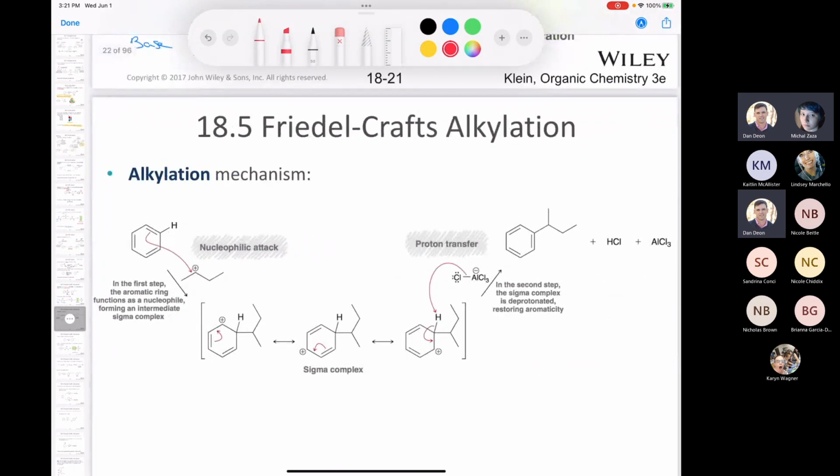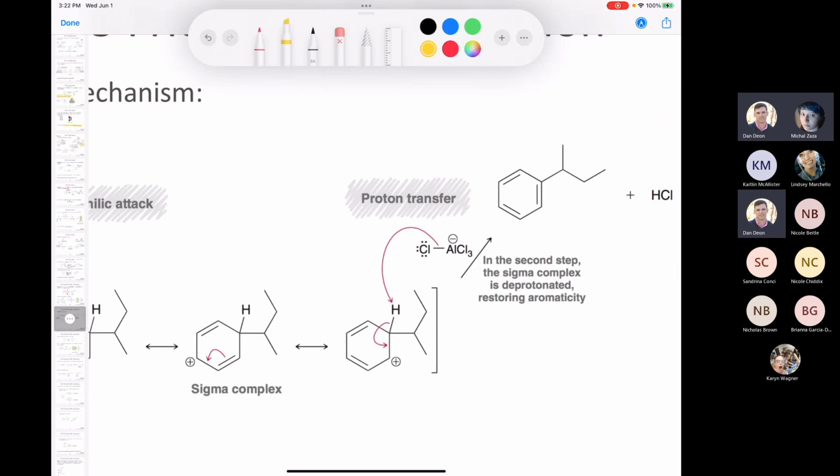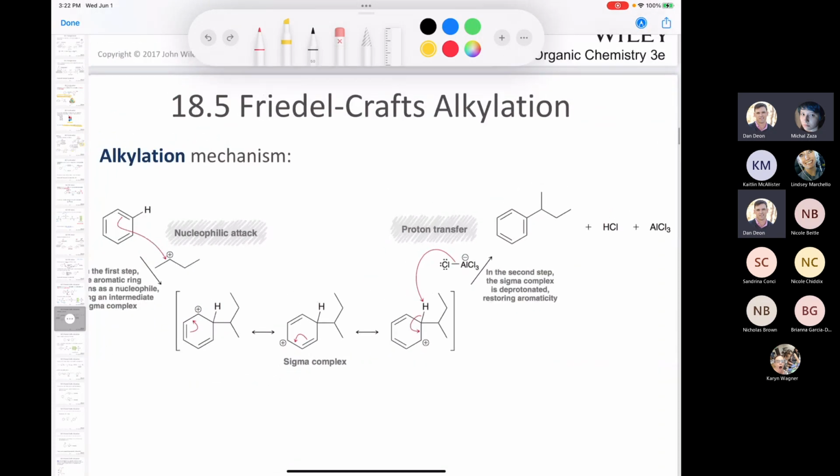And as we just did, you should be able to draw all the different resonance contributors to that sigma complex. Then we have a proton transfer, the same proton transfer that we saw when we were doing halogenation, namely chlorination, when we used aluminum chloride, and you end up adding the alkyl group, and of course you end up regenerating the Lewis acid catalyst, and you form HCl.